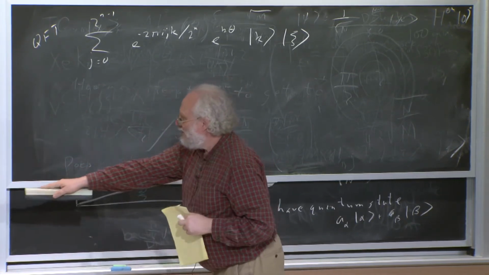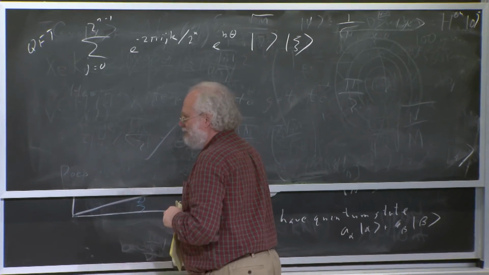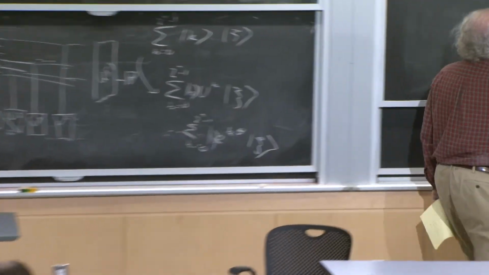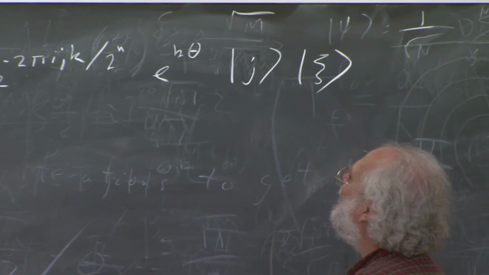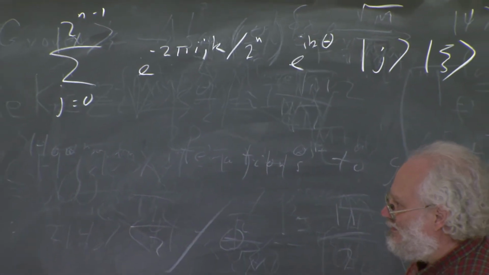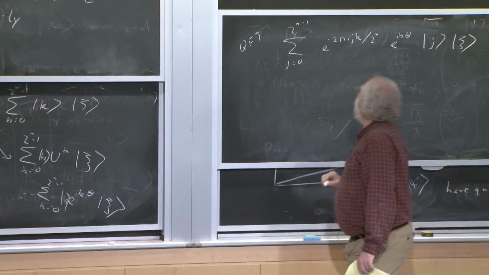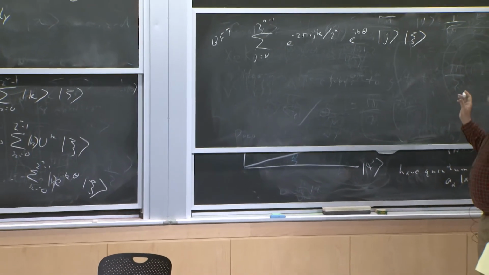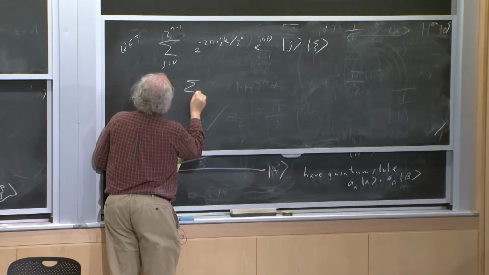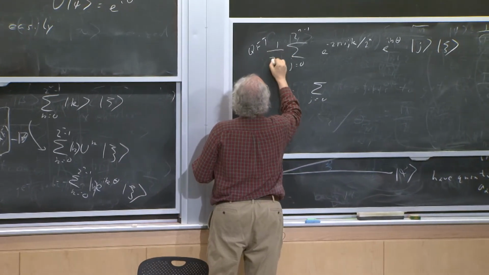Wait, that was k, so make this j. Have I got it right now? No, I haven't got it right, because we need a 1 over 2 to the n here.